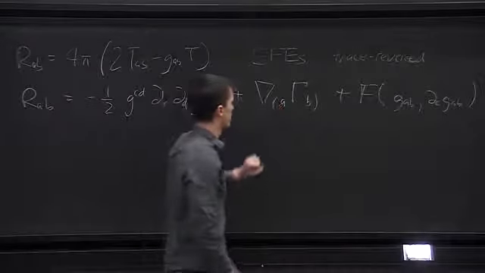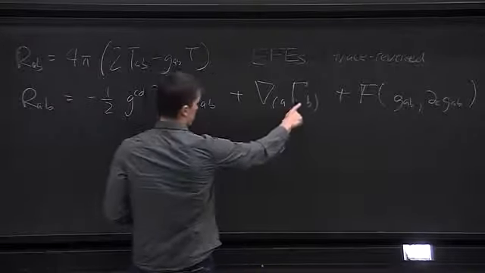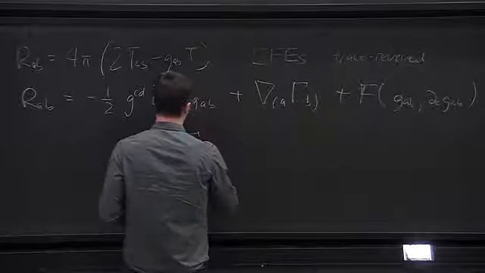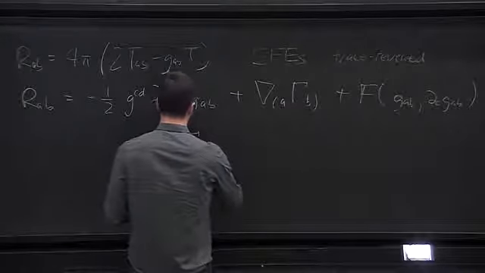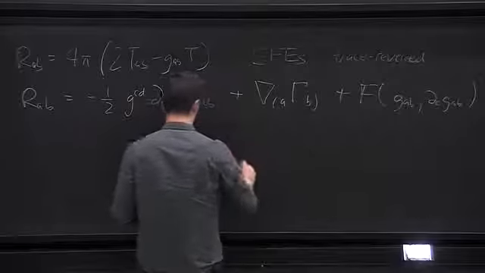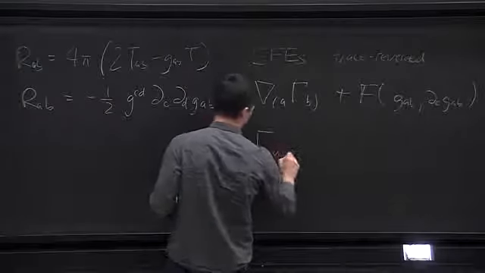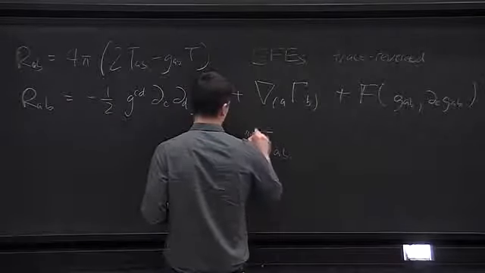Then the second component, I need to explain what that is. This is just if I take a Christoffel symbol and then contract two of the indices.